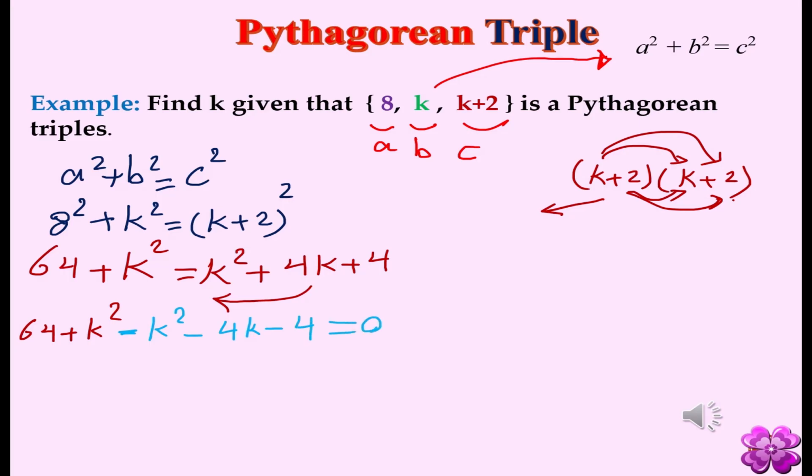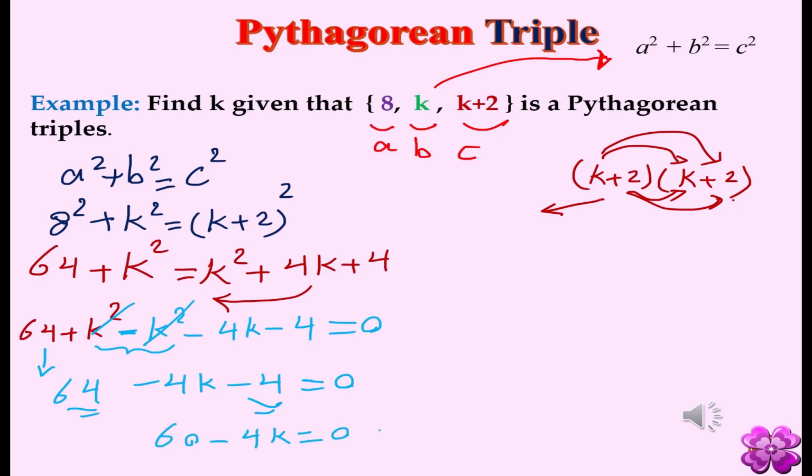So these two terms cancel out. I'll just carry down 64. 64 minus 4k minus 4 equals 0. If I simplify these two constant terms, I'll get 60 minus 4k equals 0.